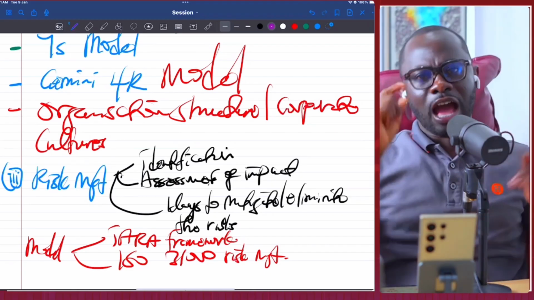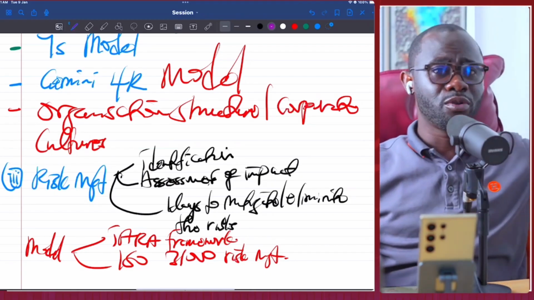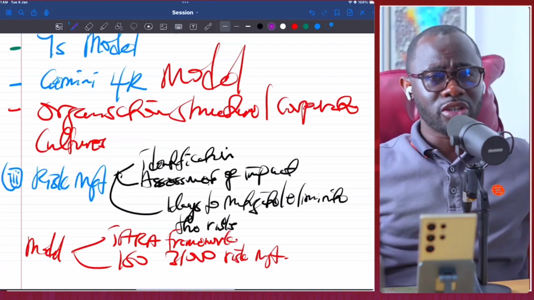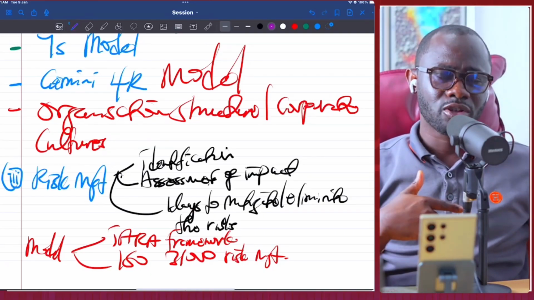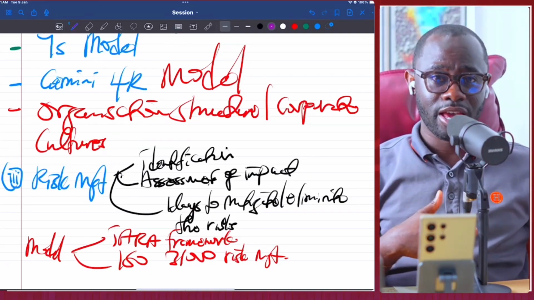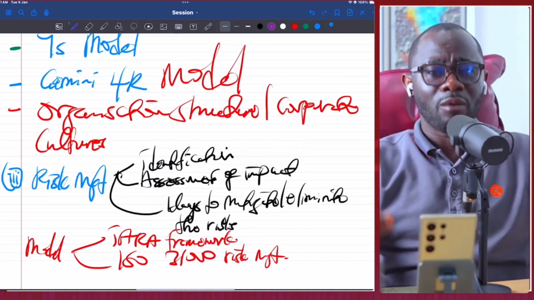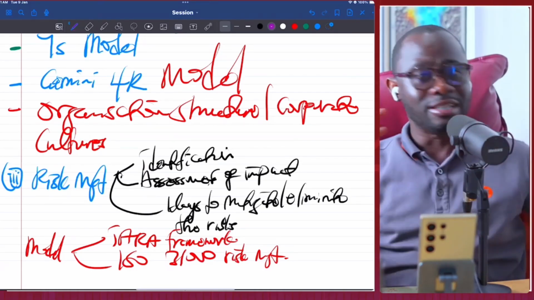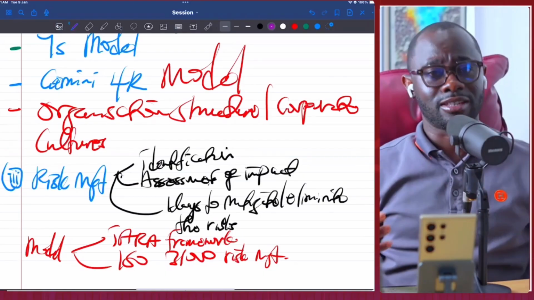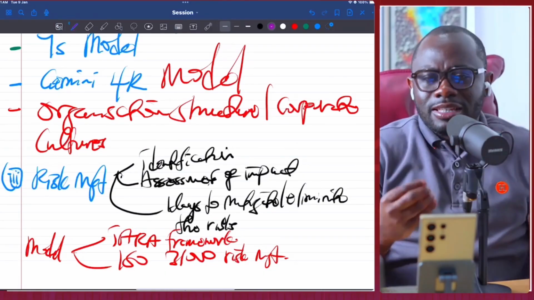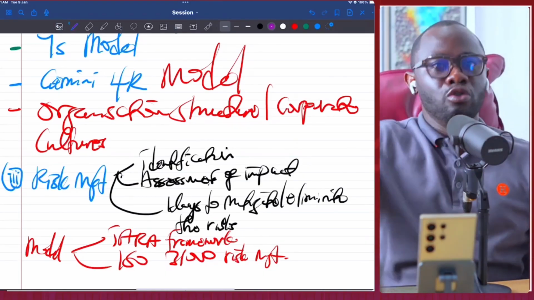Not only that, are we going to produce in Ghana or we will produce in Nigeria? If we are going to produce in Nigeria, do we have suppliers there? Can we get the inputs there? Okay. What is the level of competition for our industry in Nigeria? That is a risk. We have to assess it. So an entity doesn't just get up and say, I want to do this, so it does it.